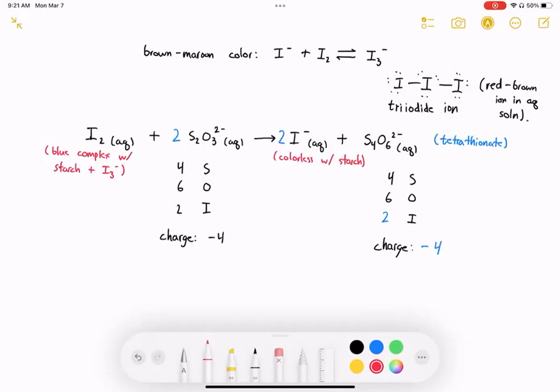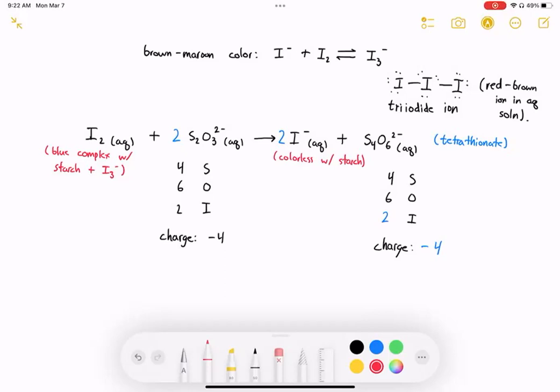And as soon as the reaction gets titrated with thiosulfate, that complex will disintegrate, and then more iodide will combine with iodine, until eventually all the iodine has reacted with the thiosulfate, and then you get your endpoint. Okay, so that is our reaction there.